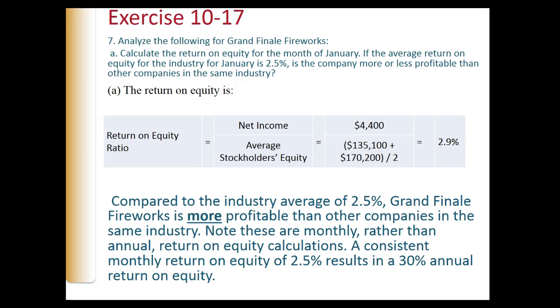Last, it asks us to analyze various types of ratios. Return on equity ratio is taking our net income, dividing it by our stockholders' equity section. Now the stockholders' equity is going to be the beginning stockholders' equity plus the ending stockholders' equity divided by 2.